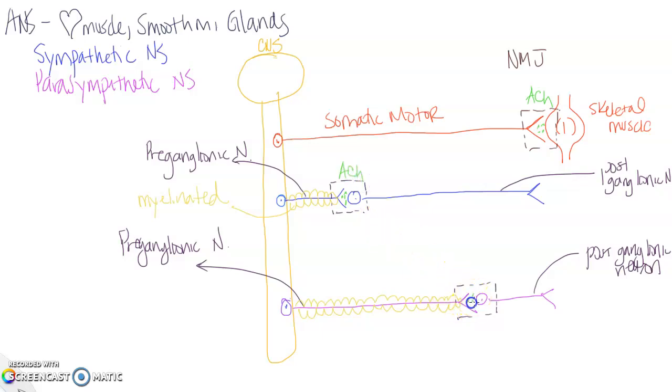This is also between preganglionic and postganglionic. It is also going to be acetylcholine. Okay. In the parasympathetic, where the effector and the postganglionic neuron synapse together, the neurotransmitter is also going to be acetylcholine.